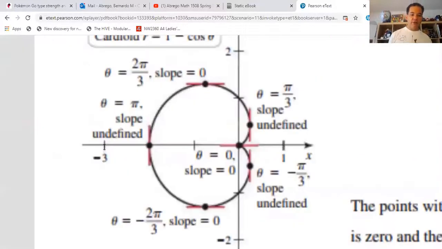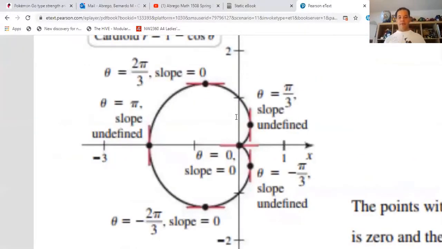Yeah. So that's precisely the one we found. So horizontal tangent line at 0, and also at 2 pi over 3 and at negative 2 pi over 3. Vertical tangent lines at pi over 3, negative pi over 3, and at pi and negative pi, where the slope is undefined.